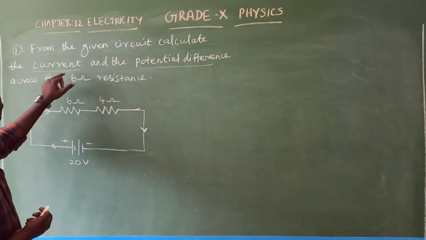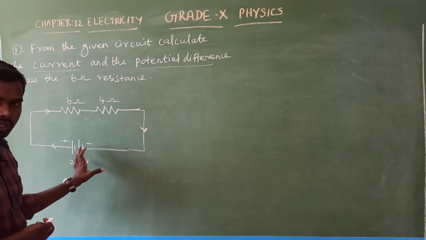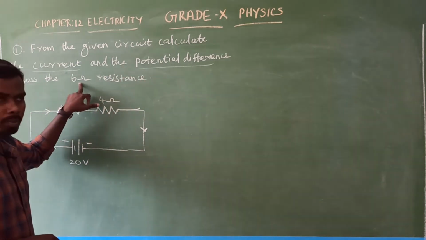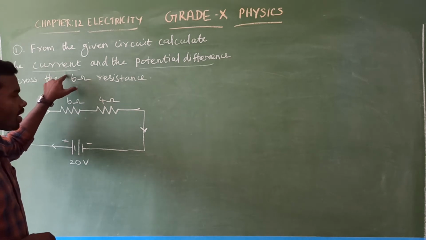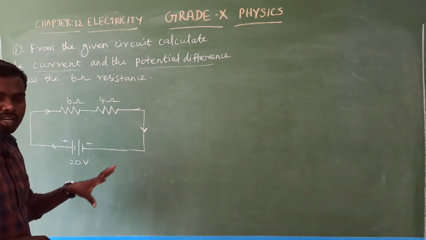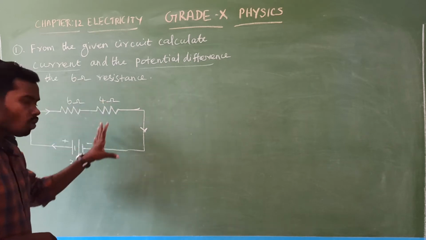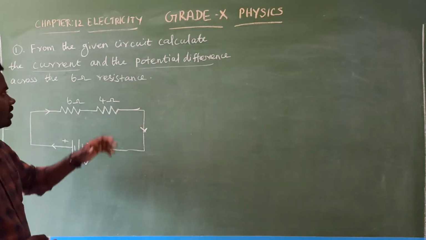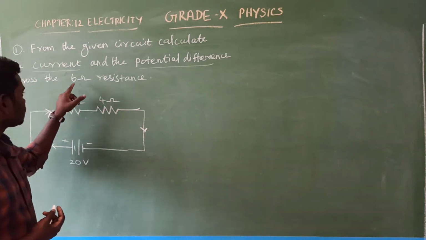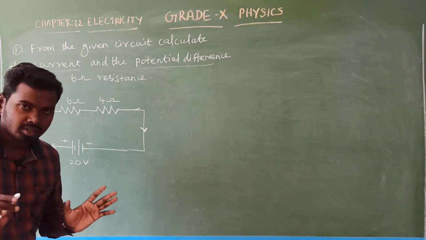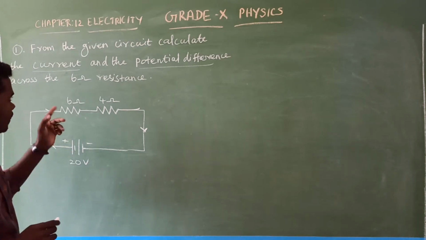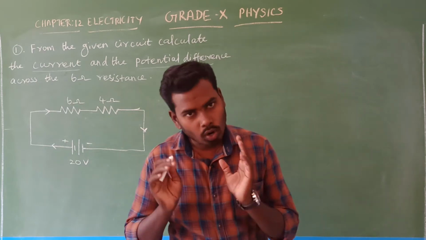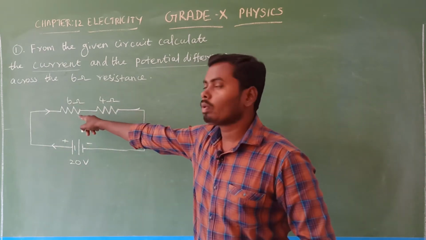We need to calculate the total current flowing through the circuit and the potential difference across the 6 ohm resistance. Current means the total current flowing through the circuit. First we need to calculate the current value, and after that we need to calculate the potential difference across the 6 ohm resistance.